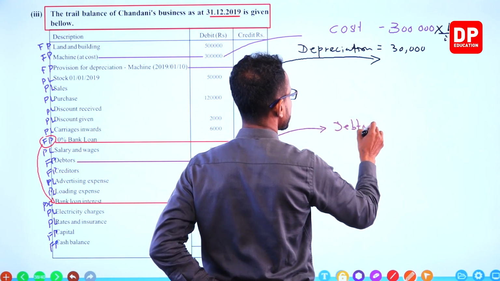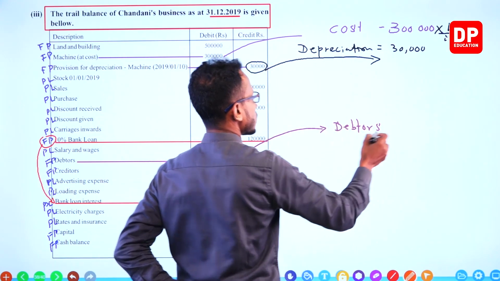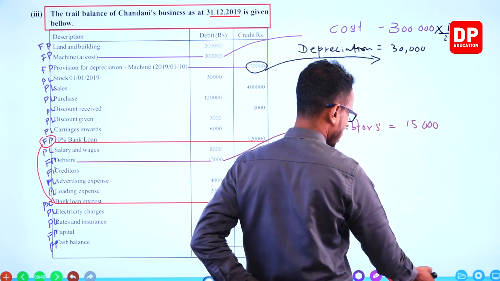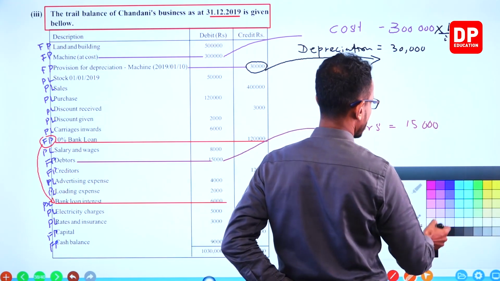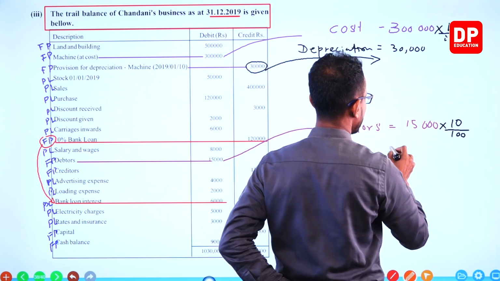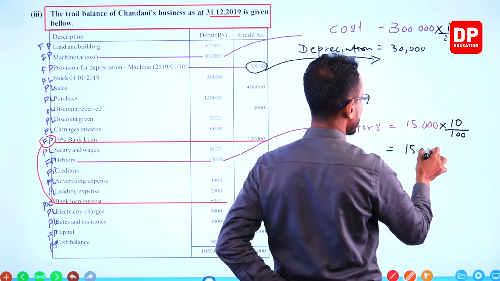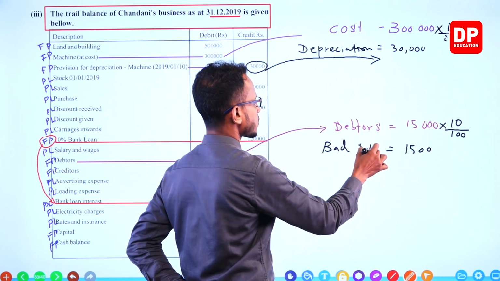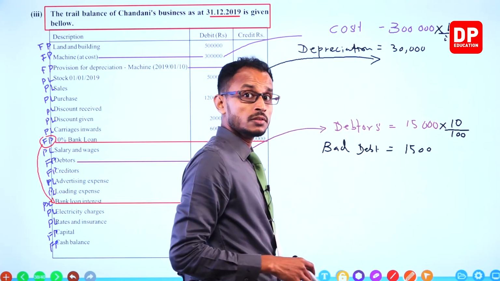Debtors 15,000. From that, calculate 10%. 10 over 100, and the answer is 1,500. This is the bad debt. Got it? Yeah, got it.